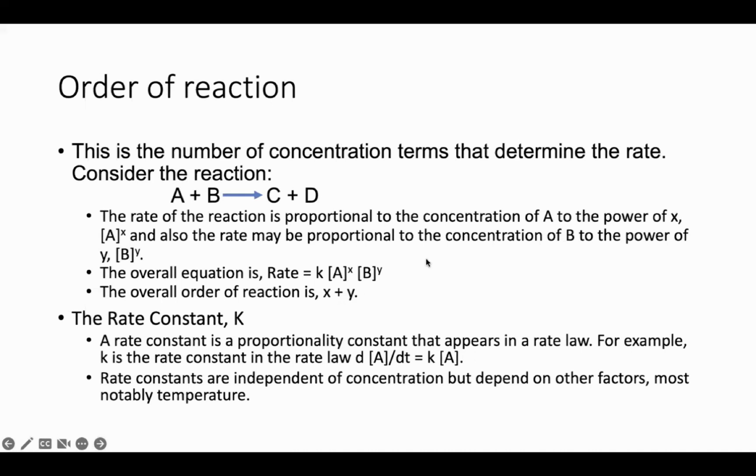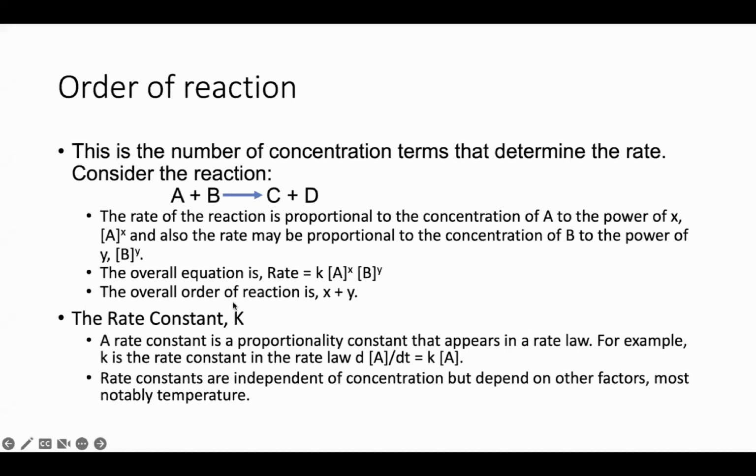And the reason why this is so is we're here considering that both the concentration of A and B are contributing to how the reaction is moving forward. If the rate at which this reaction is moving forward depends only on one of the substituents, of course, we'll be looking at just the concentration of that substrate, of that drug, I mean.